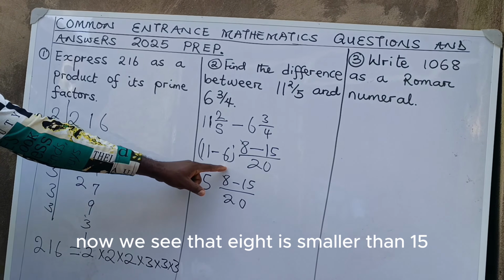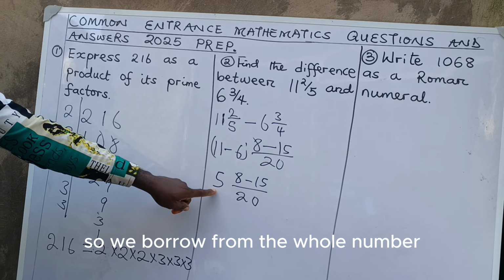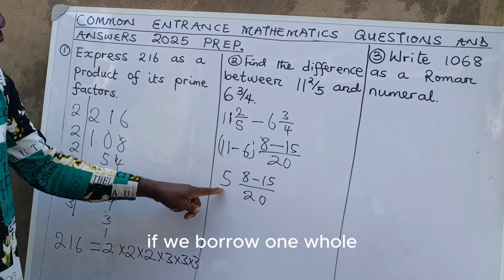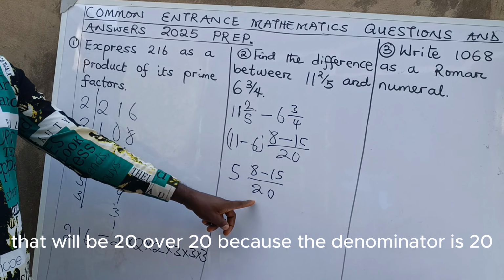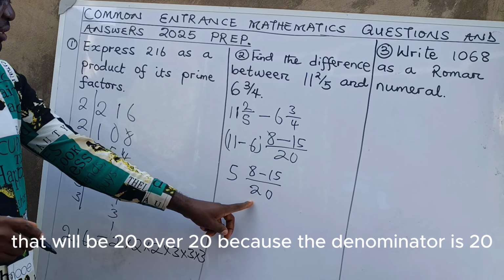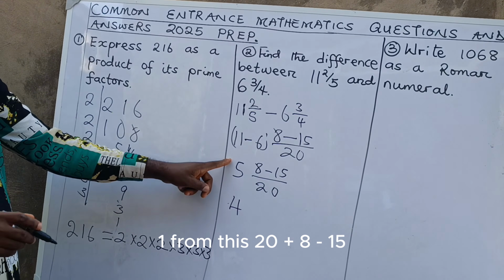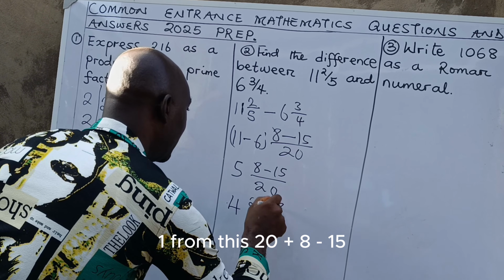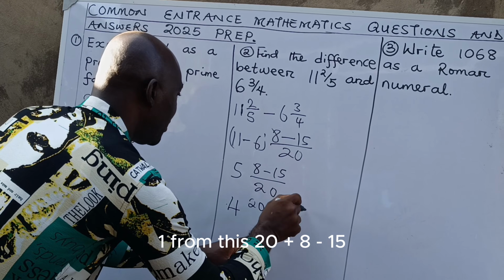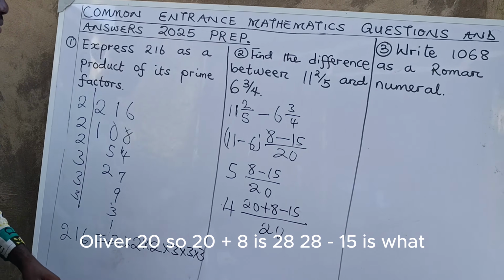Now, we see that 8 is smaller than 15. So, we borrow from the whole number. If we borrow one whole, that will be 20 over 20 because the denominator is 20. So, you just do 4 whole. After we borrow 1 from this, 20 plus 8 minus 15 all over 20.